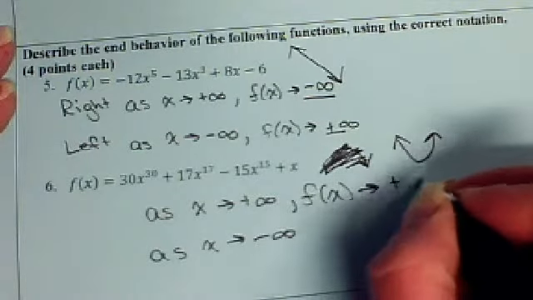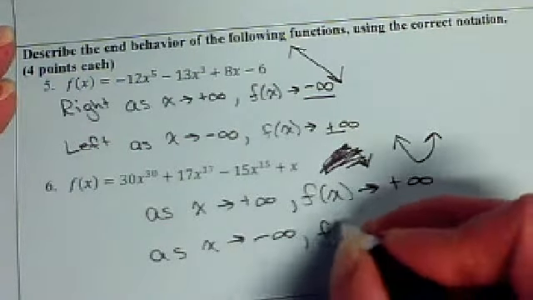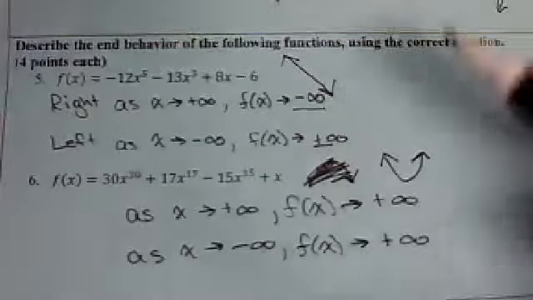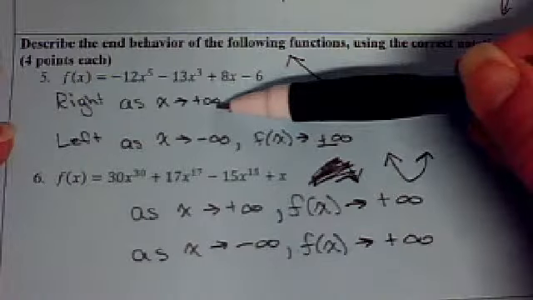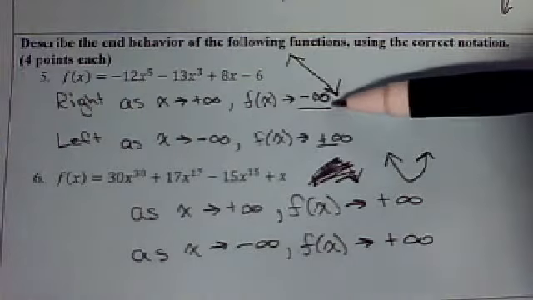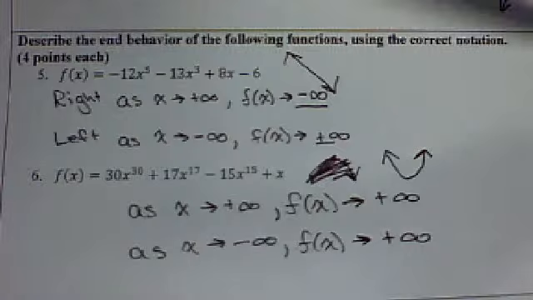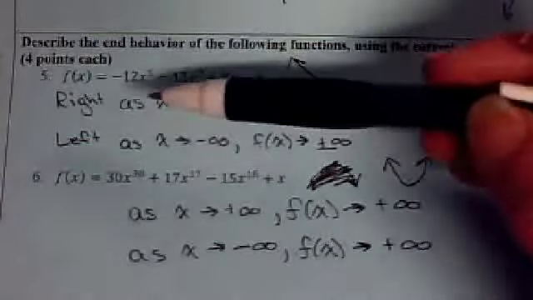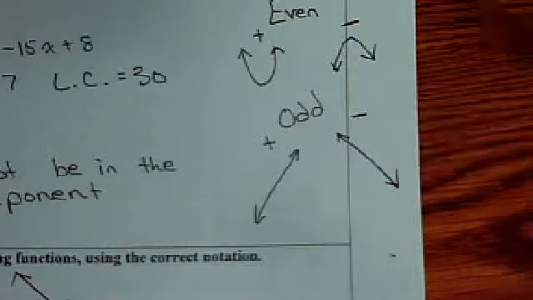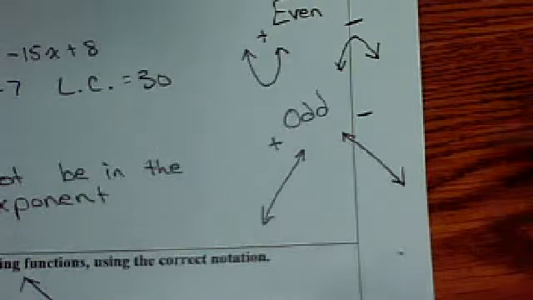They're both going positive. Another way you could figure out what's going to happen is by plugging in big positive numbers or big negative numbers and seeing if the number you get back is negative or positive. But if you can learn the degree and that leading coefficient and follow these little rules, it gets super fast.